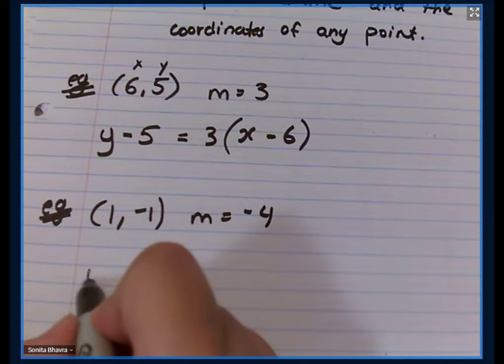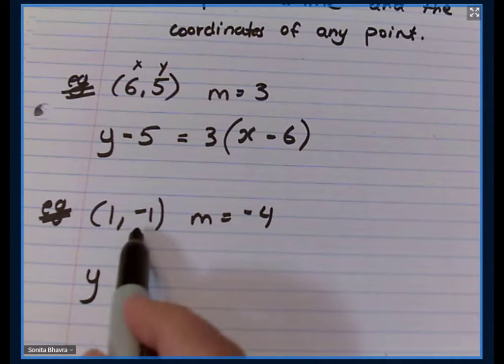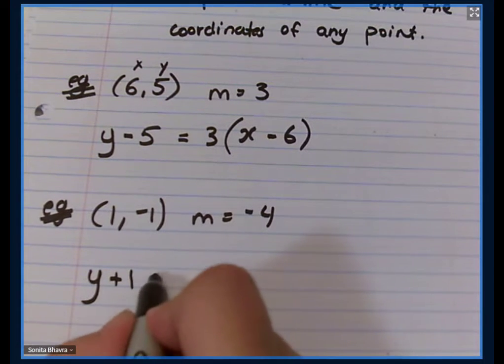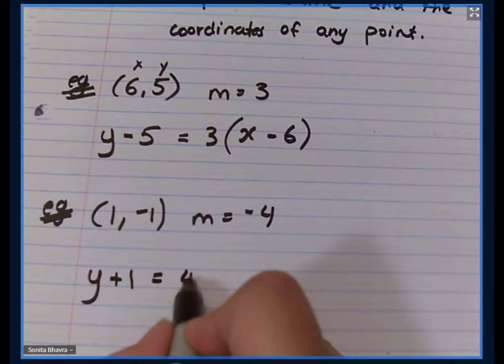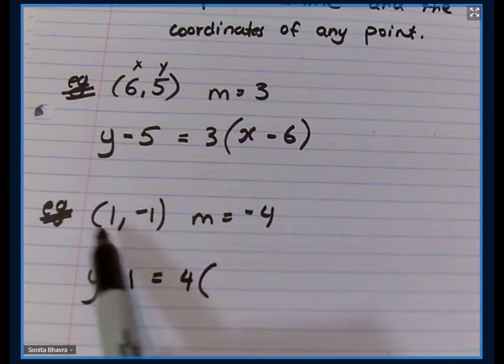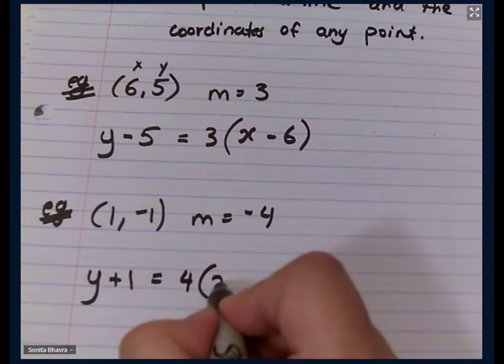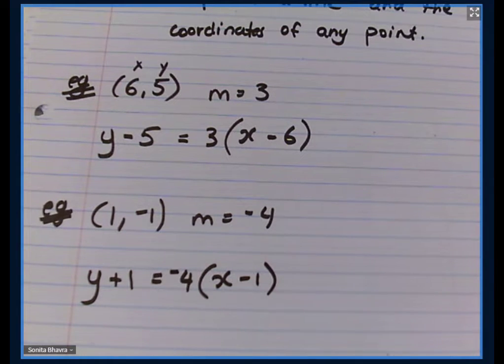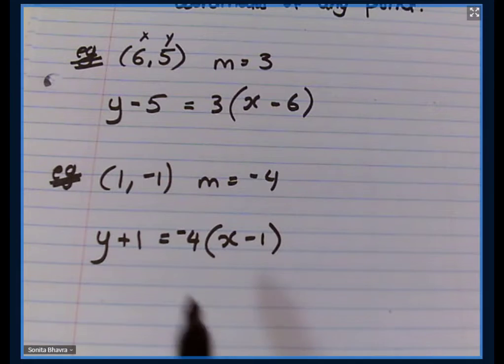All right, so y minus negative 1 becomes y plus 1. Our slope is 4. And then x minus 1. And sorry, our slope was negative 4. Just have to put a negative there. All right, and that's it. Our equation is now put into slope point form.